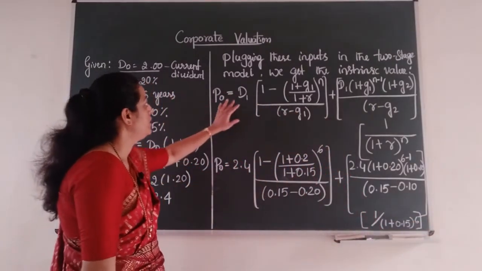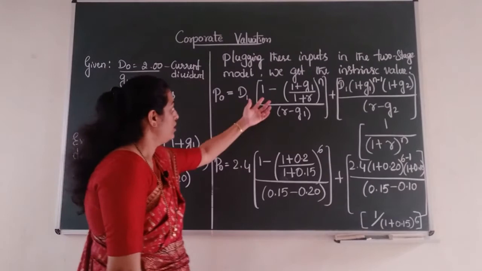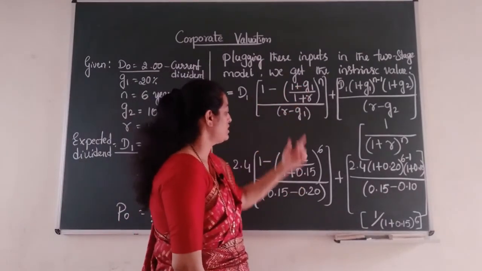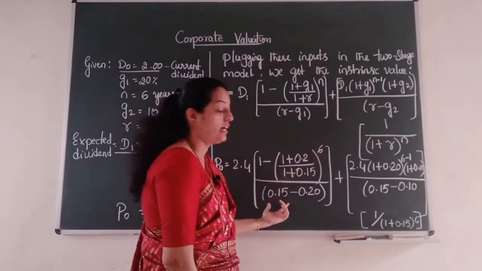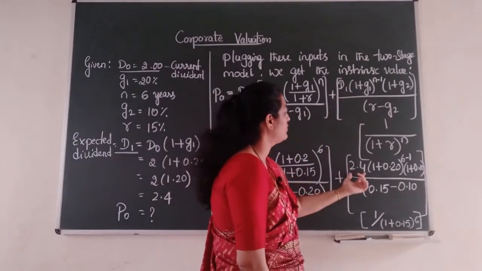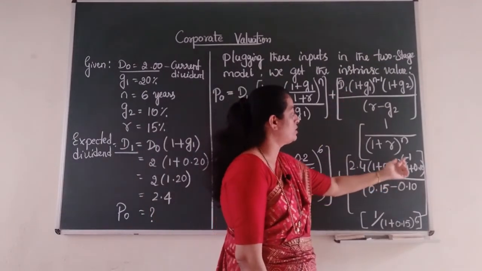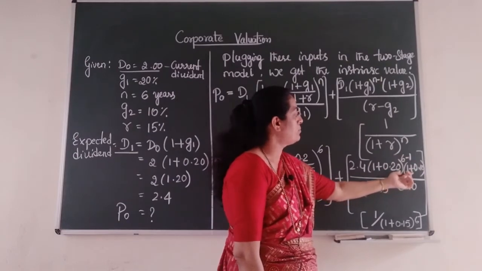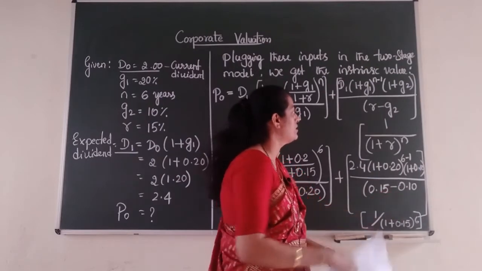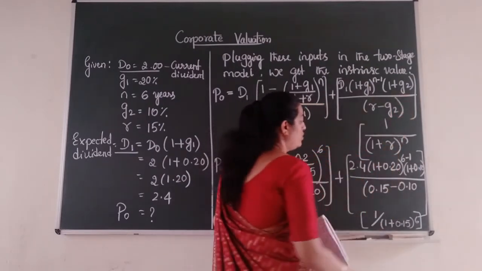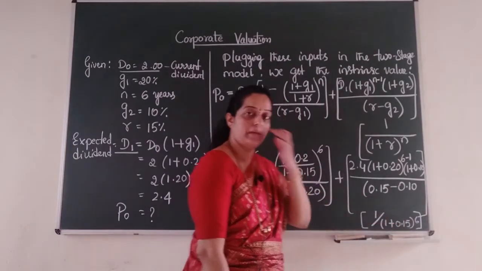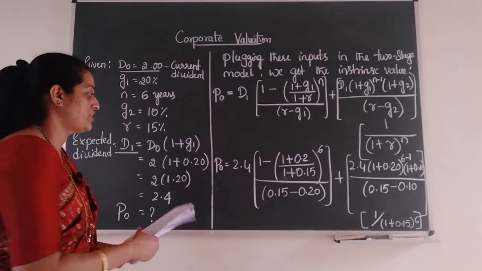Okay, once again I will explain. D1 is 2.4, G1 is 0.2, R is 0.15, to the power of 6, divided by 0.15 minus 0.20, plus 2.4, D1, (1 plus 0.20) to the power of 6 minus 1, multiplied by 1 plus 0.10, divided by 0.15 minus G2, that is 0.10, multiplied by (1 plus R) to the power of 6. So, solve this equation.